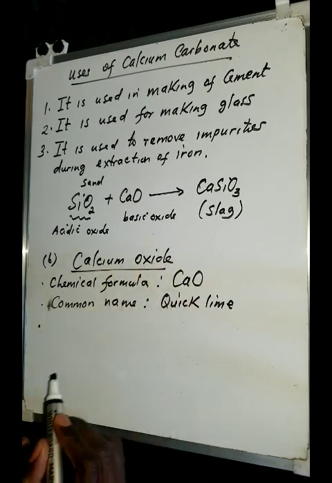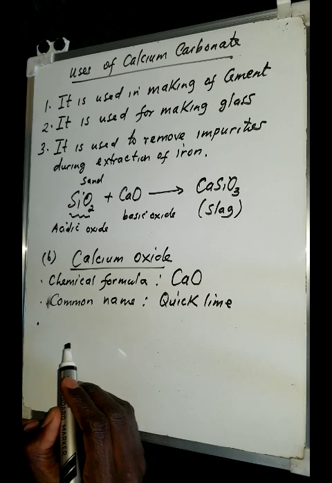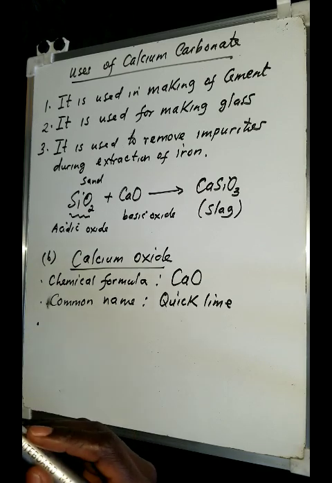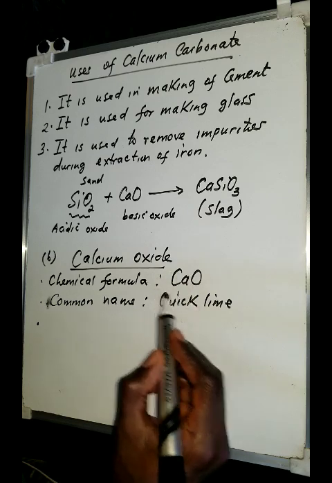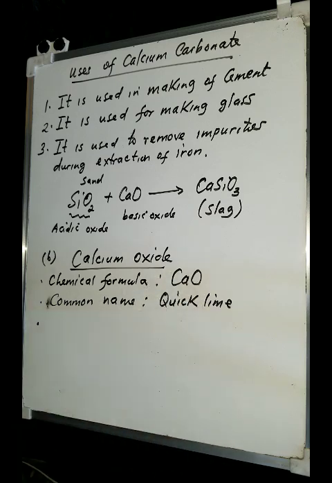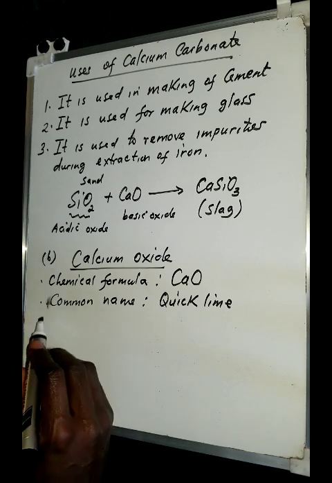Now, one thing that you need to remember about calcium oxide is that it reacts vigorously with water. When calcium oxide reacts with water, it produces calcium hydroxide. At the same time, a lot of heat energy is liberated.